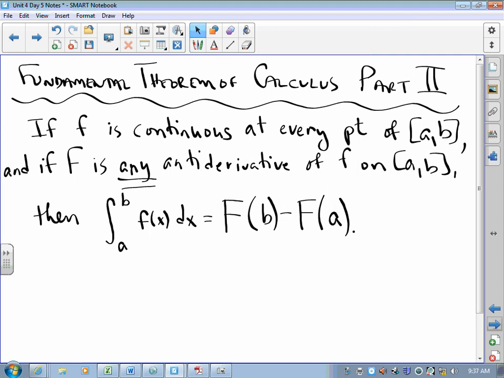This is the part with which you are much, much more familiar.